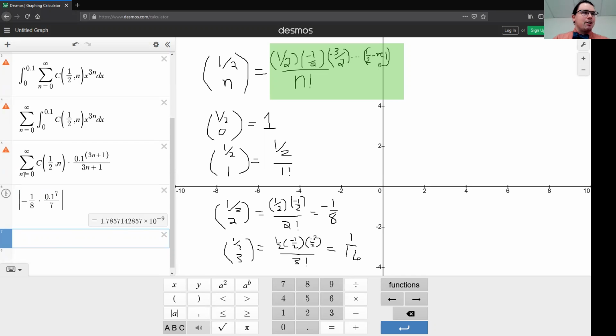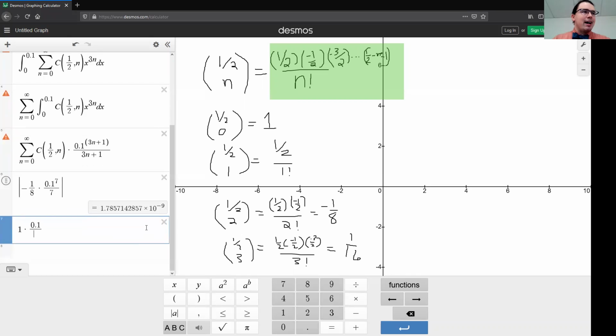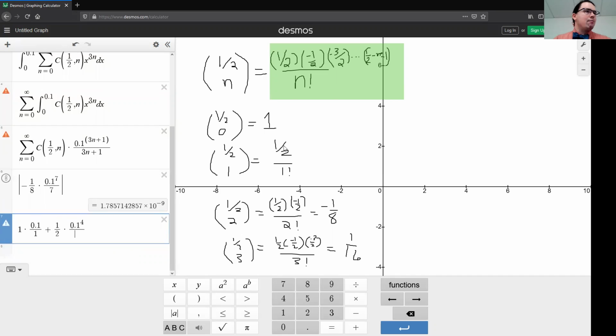So for my number 0 fraction, this binomial coefficient will be the number 1. I'm multiplying by 0.1 and I'm dividing by 1. Okay. For my number 1 fraction, I'm using the number 1 binomial coefficient, which is 1/2. I'm multiplying by 0.1 raised to the power 4, and I am dividing by 4.